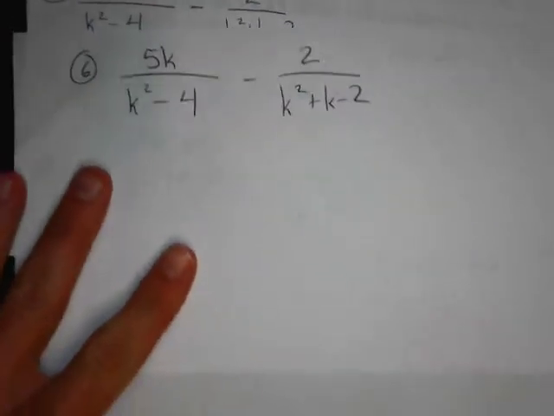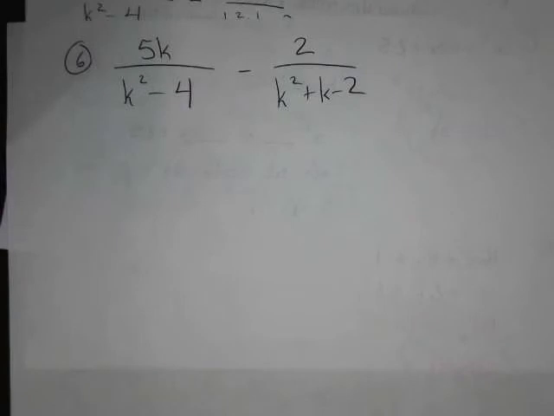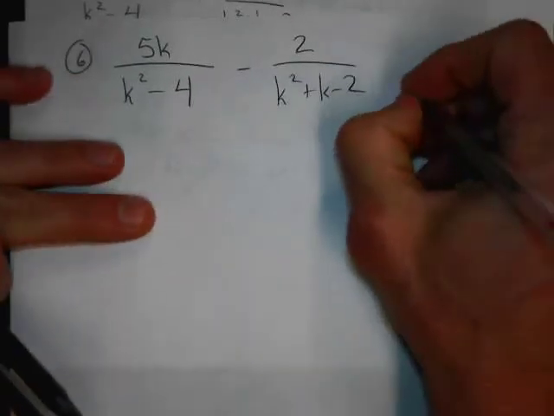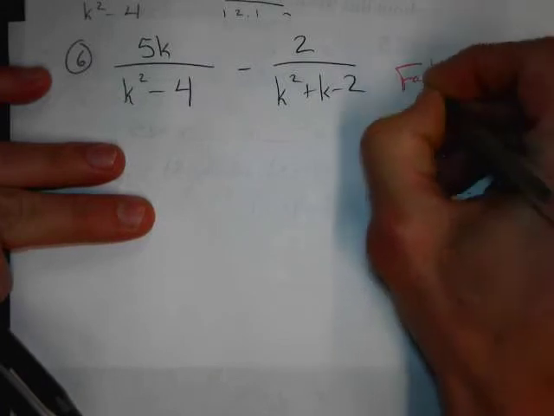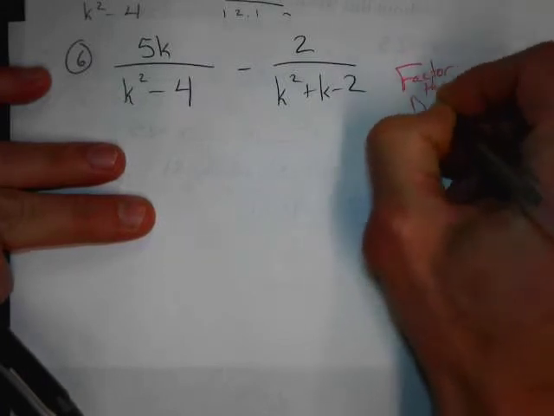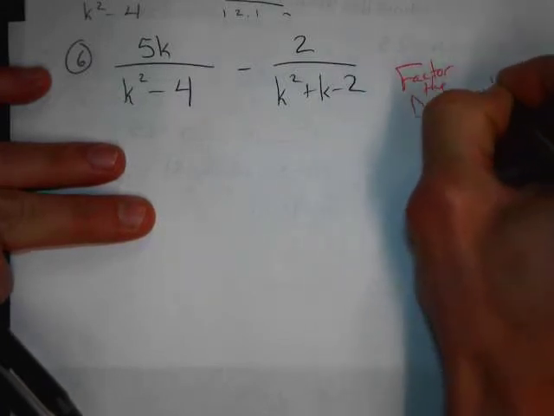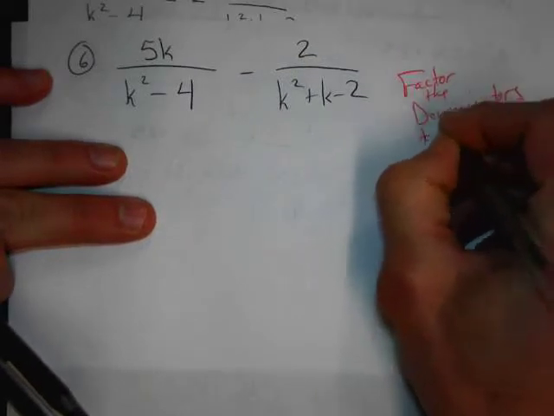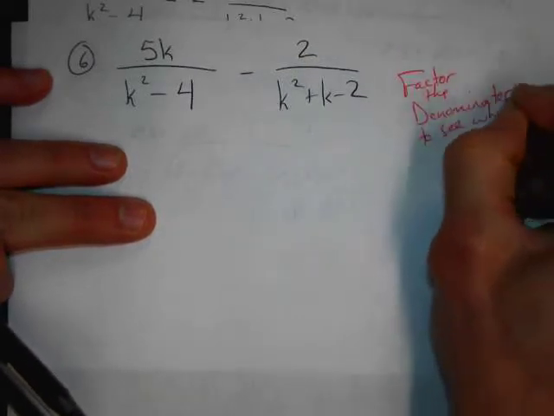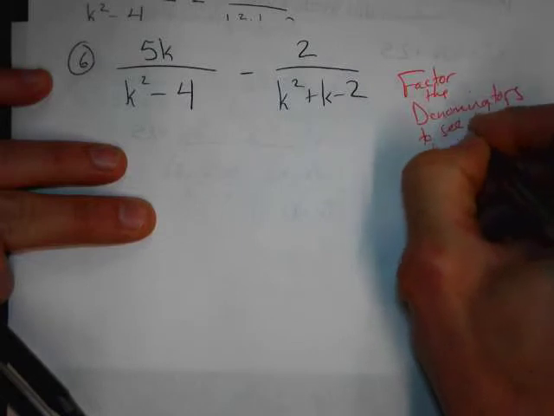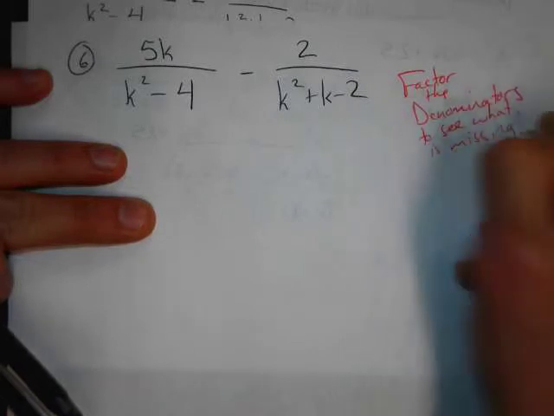I can't tell because they're not factored. If I could factor my denominators, everything would be so much easier. So factor the denominators to see what's missing. Okay, that's going to be an important note. Factor the denominators to see what is missing.